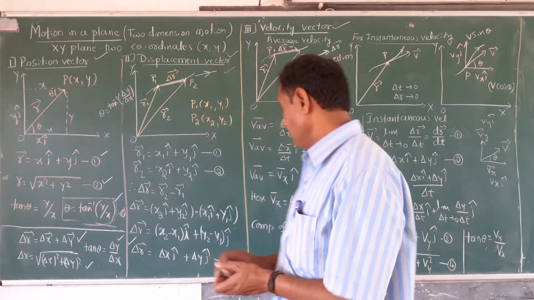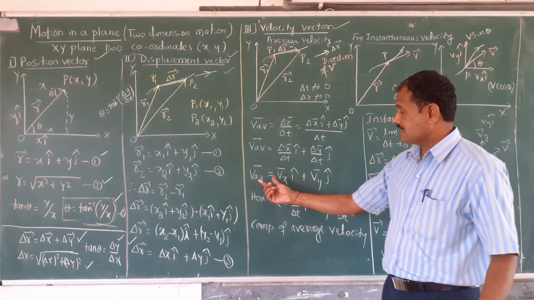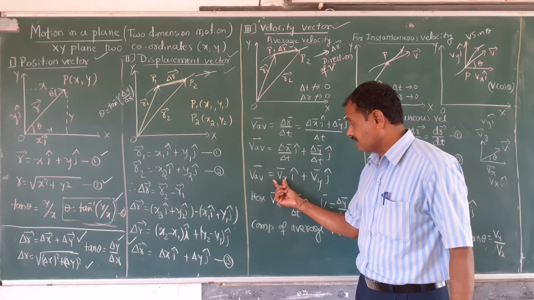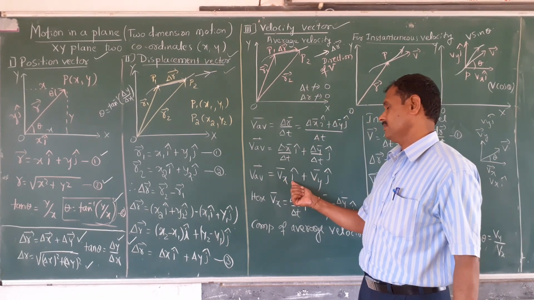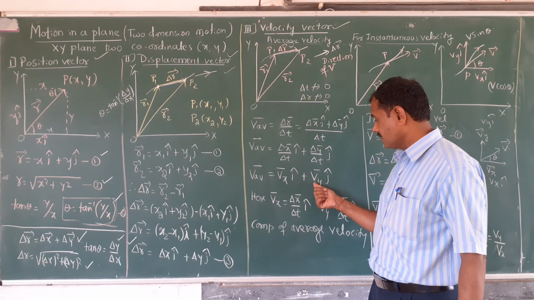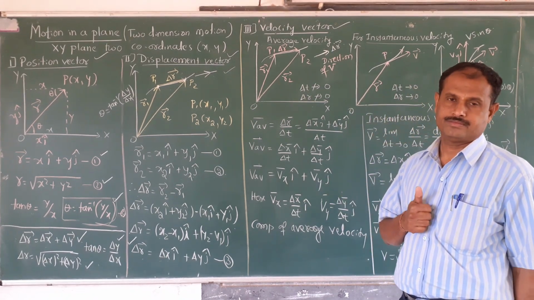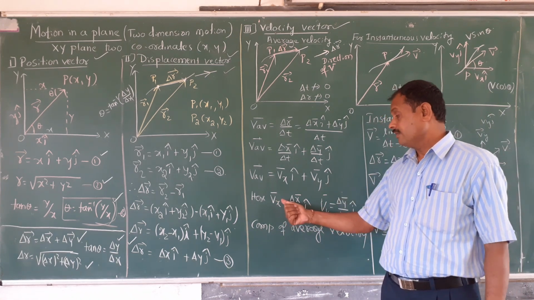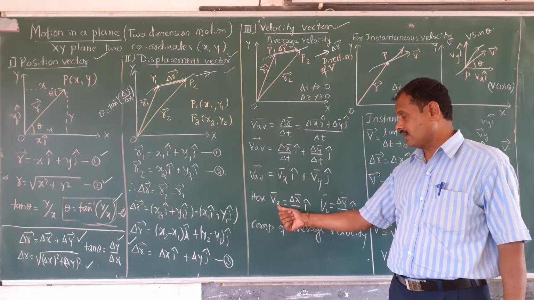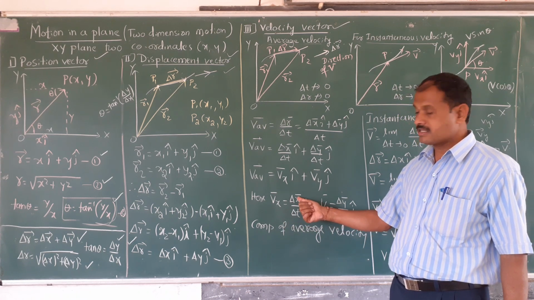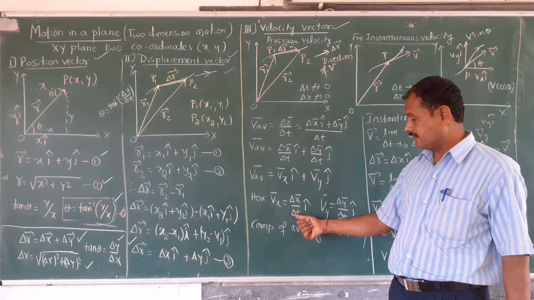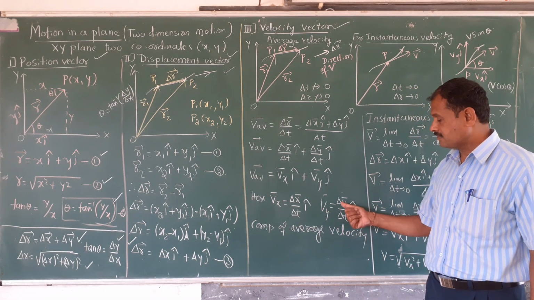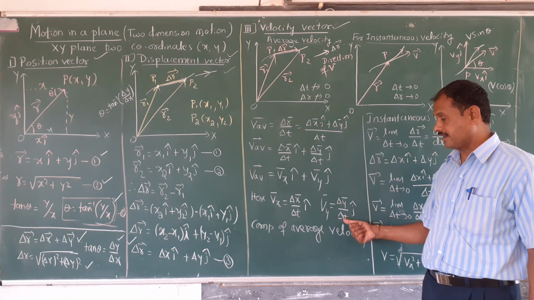That is, in two dimensions, average velocity is equal to average velocity along x-axis i cap plus average velocity along y-axis j cap. Here the average velocity along x-axis is equal to displacement along x-axis divided by time, and the average velocity along y-axis is displacement along y-axis divided by time.